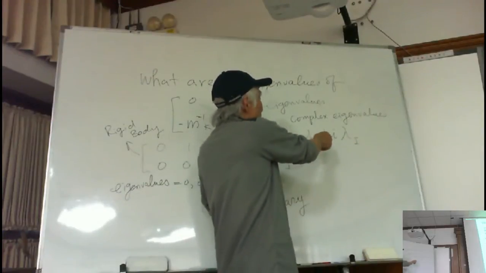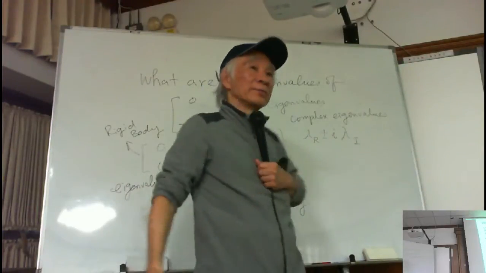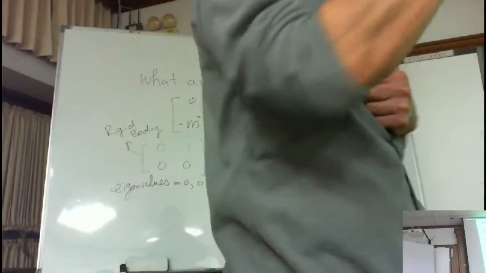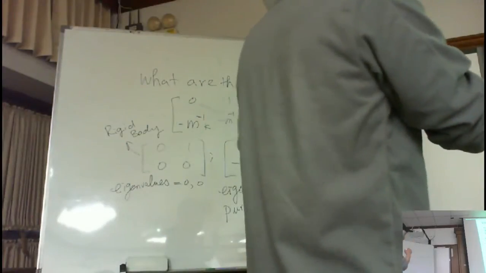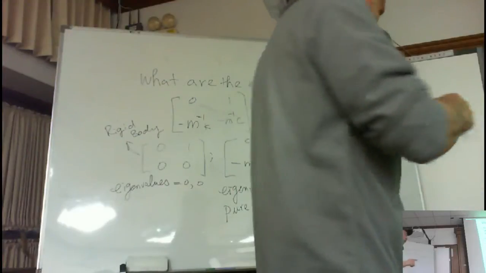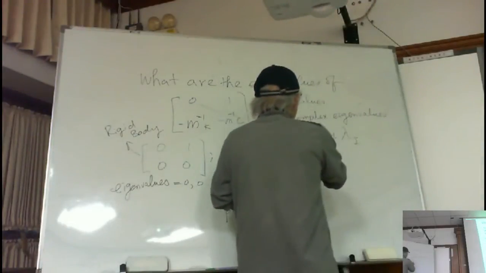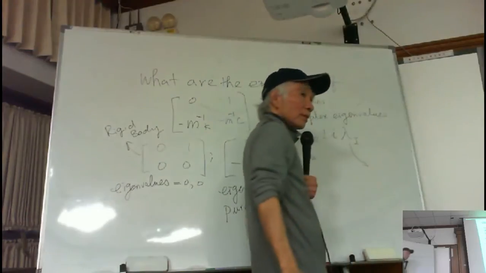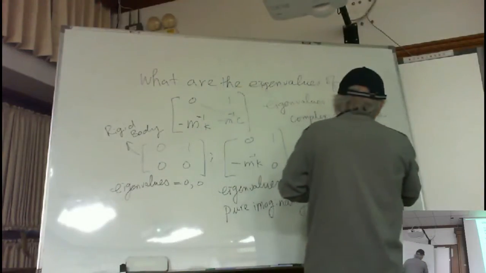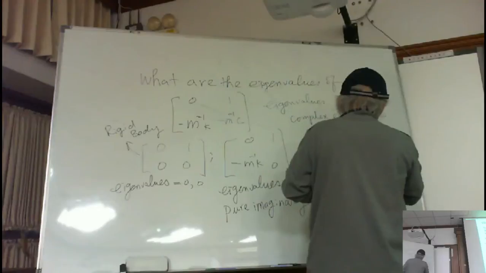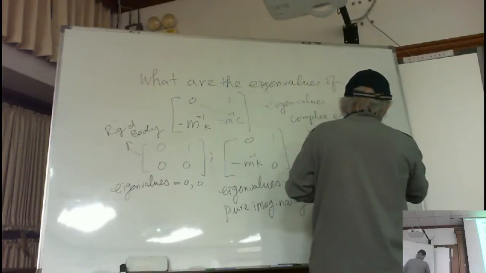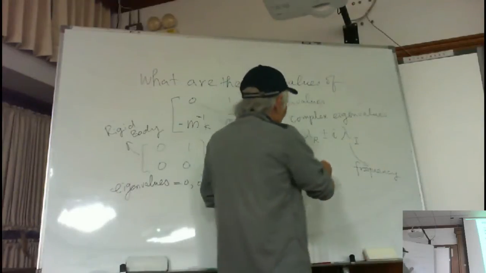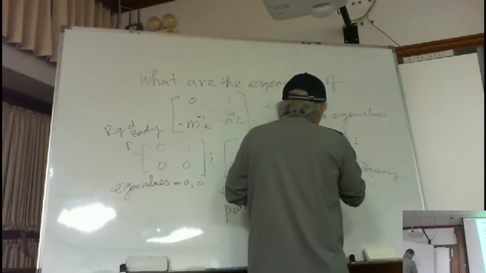If you have plus i, you also have minus i. Then what does that mean? The imaginary part of the eigenvalue just gives you frequency. The real part of the eigenvalue just gives you damping.